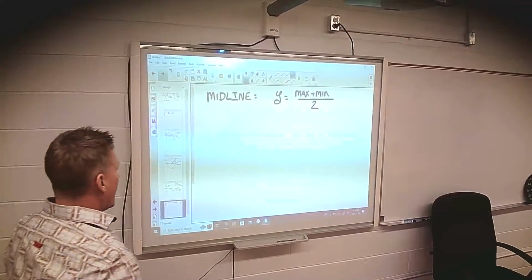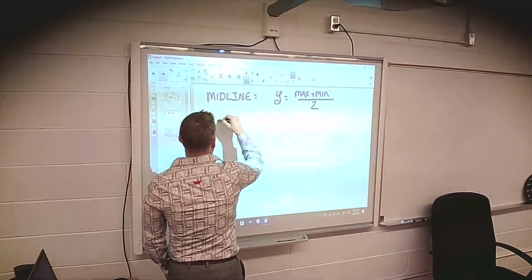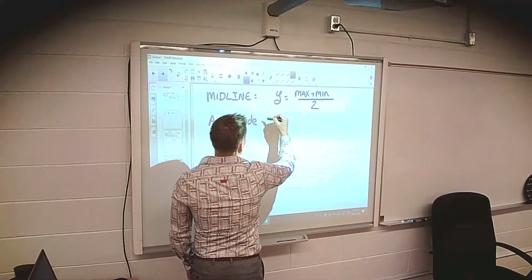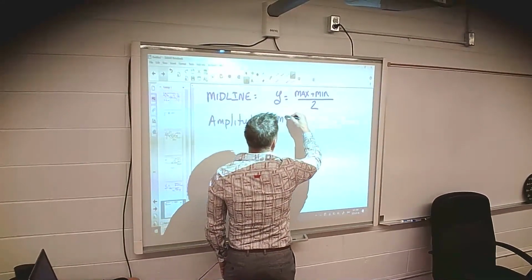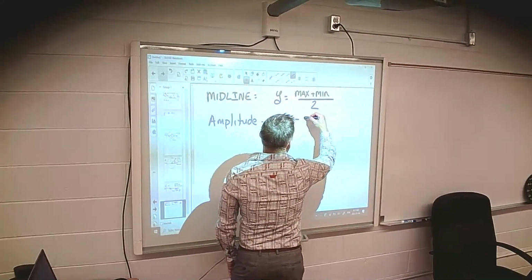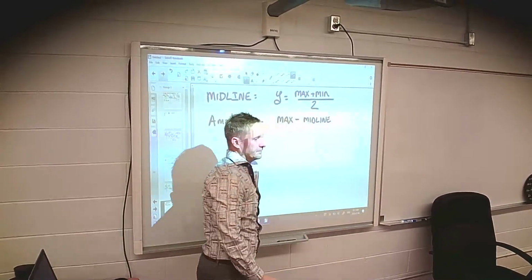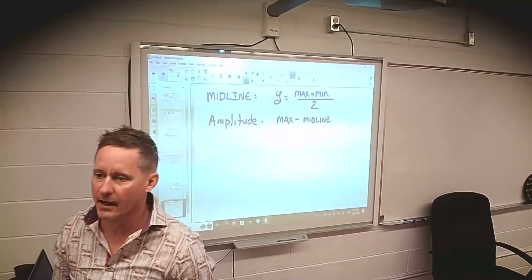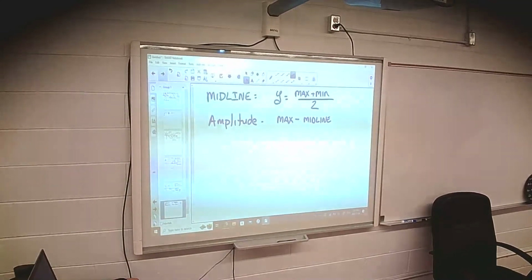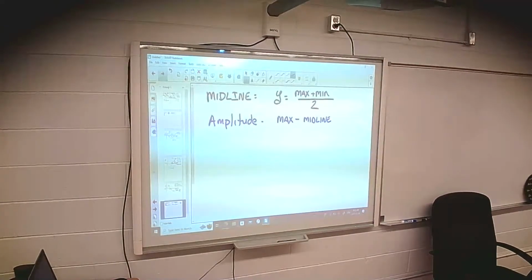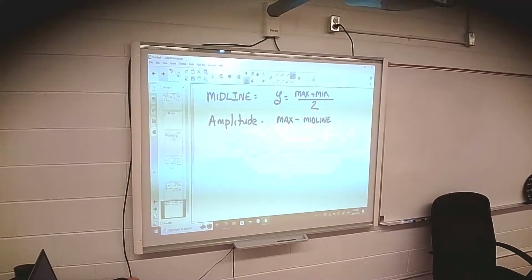How you get the amplitude: you can take the maximum value minus the midline value. That's one way to do it. You can take the midline value minus the minimum value. Another way. You could take half the distance from the maximum to the minimum. Another way to do it. Okay?